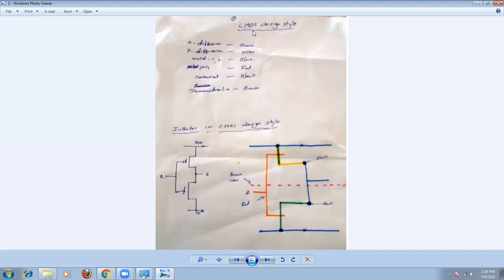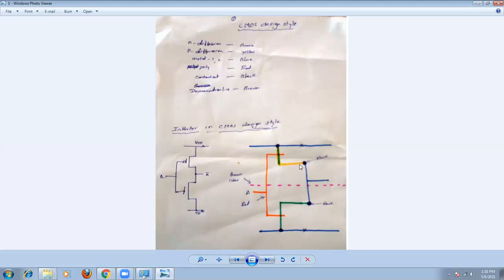In the N type substrate, we use the P well, and in the P well we construct the N channel FET. That means the N channel transistor is located in the well, and the P channel FET is located in the substrate material. That is the main difference.